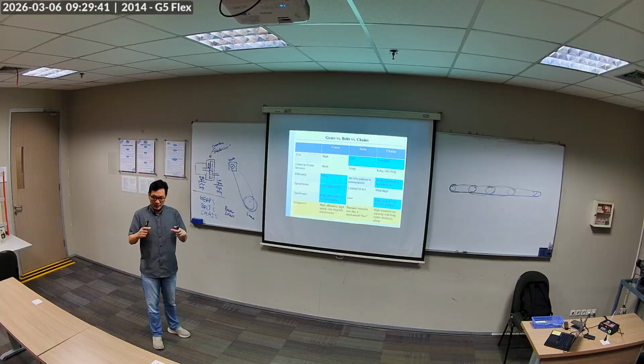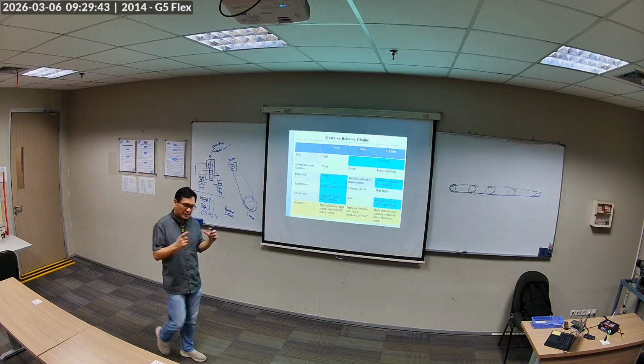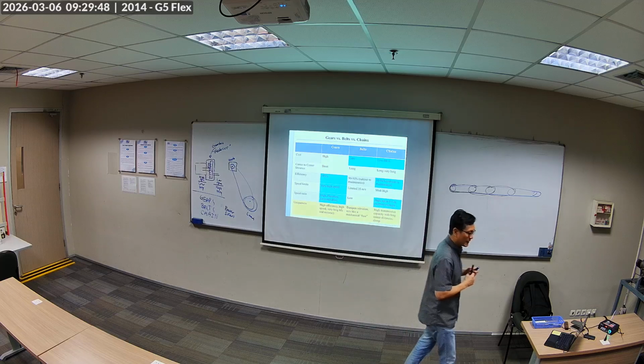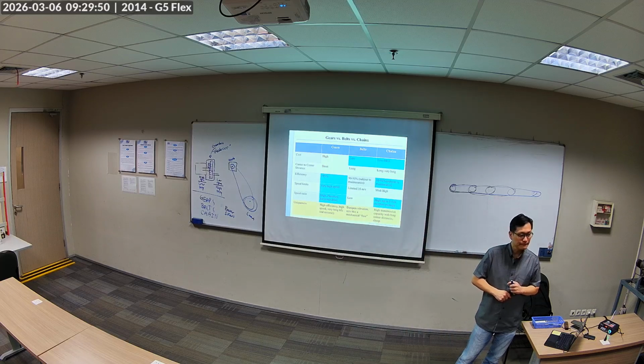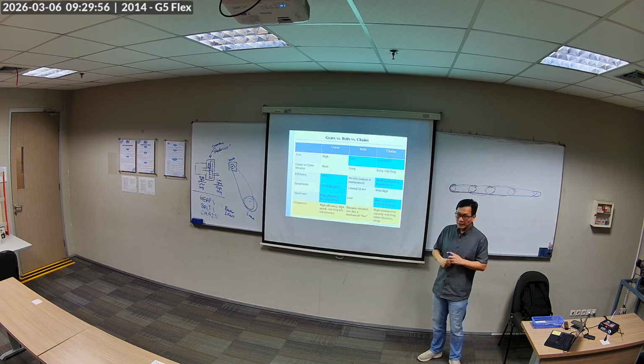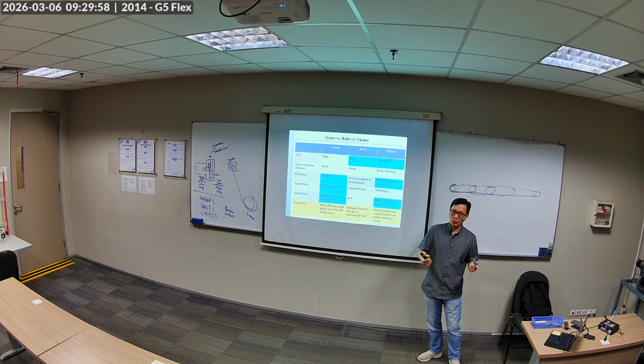Belts. Why do you think belts are limited in terms of speed? Can anybody make a guess? Why does it start to slip? Okay, but it didn't slip at low speed. Why does it slip in high speed? Okay, some vibration, because it's not balanced, so some vibration, yes.